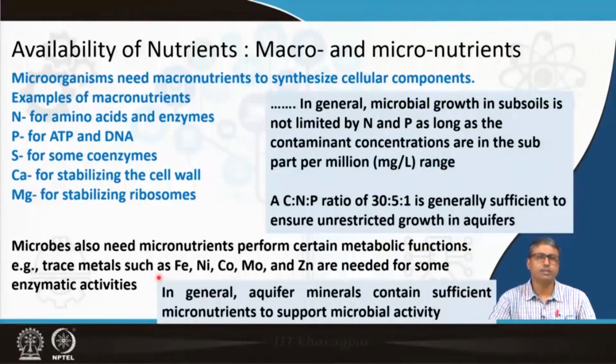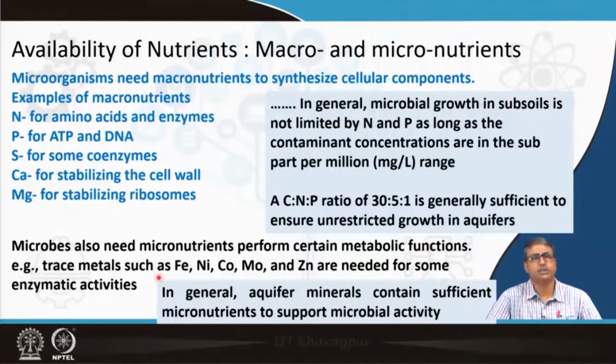So, in the natural environment, biodegradation may often not be impacted very severely by the lack of these micronutrients, but one has to take care about this. That is why, in order to understand the scope for intrinsic bioremediation or engineered bioremediation through biodegradation of hydrocarbon contaminants, the chemical analysis of the environments is thoroughly done.